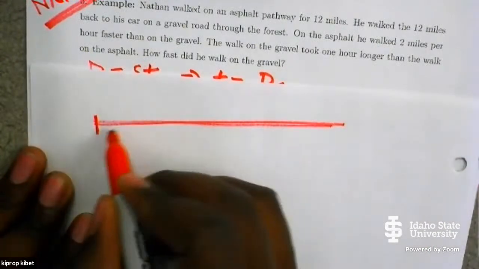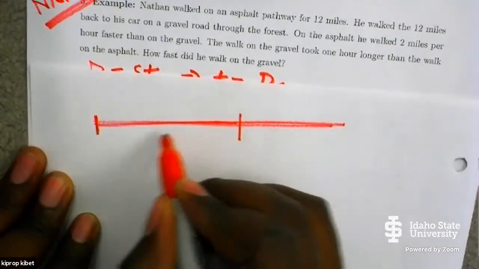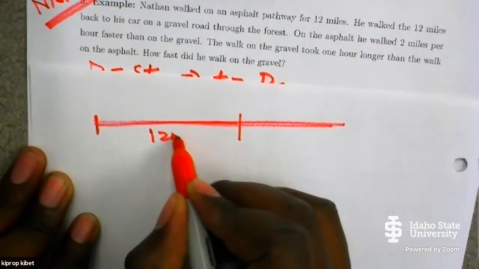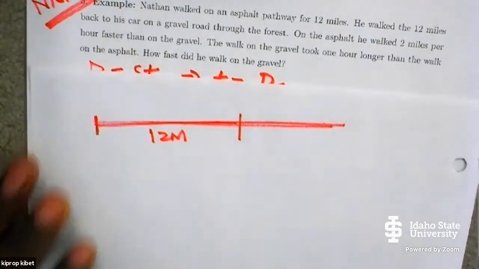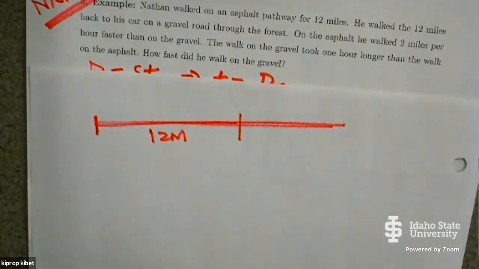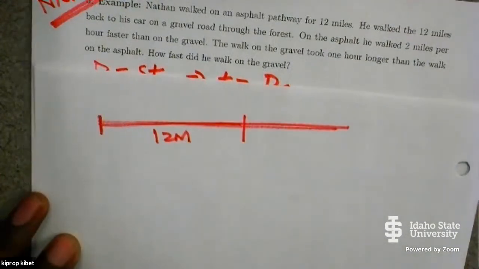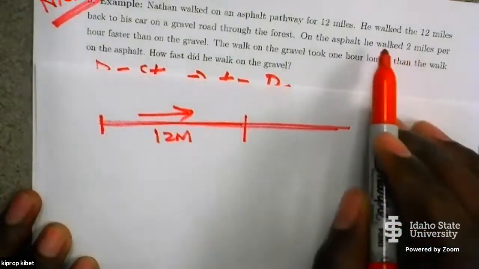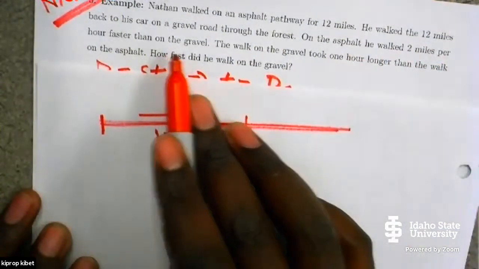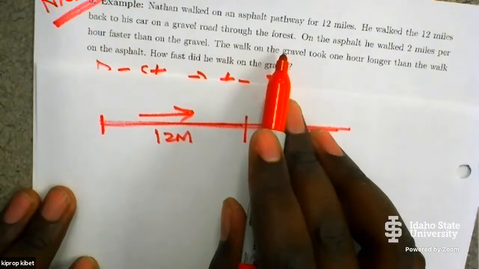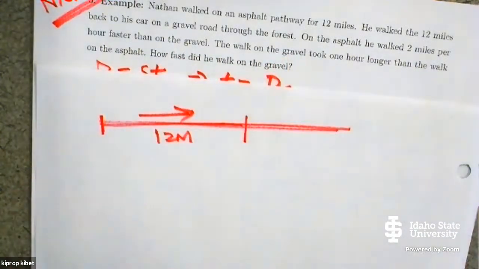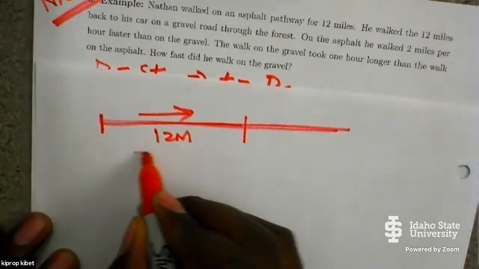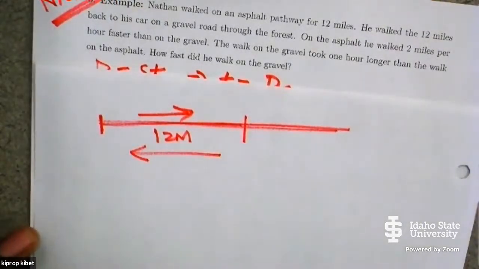So you can just say 12 miles on the asphalt. He walked the 12 miles back, so going this way, to his car on a gravel road through the forest. So coming back, the same distance.